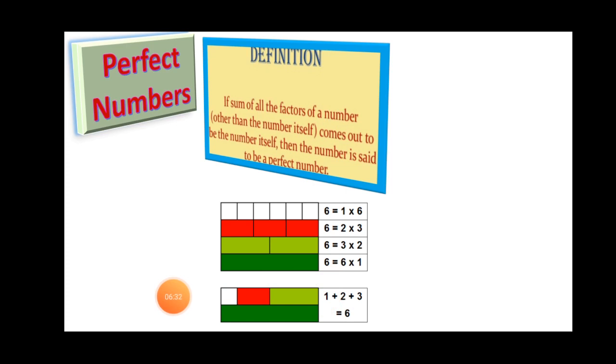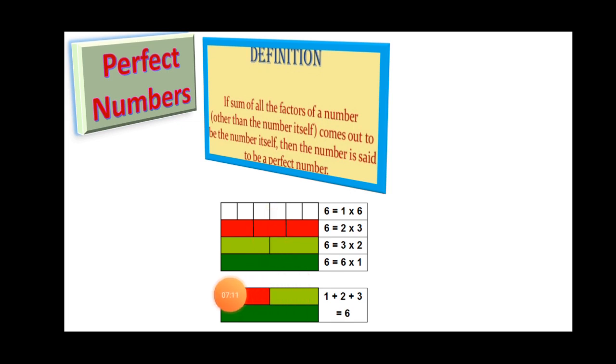Now let us understand this. In the first portion, we have taken one white color box. Then in the next portion, we have taken 2 white color boxes as one portion of red color. Then at the third step, we have considered the first portion of light green color that was formed by considering one portion of red color, and among that again we have considered one more white color box.